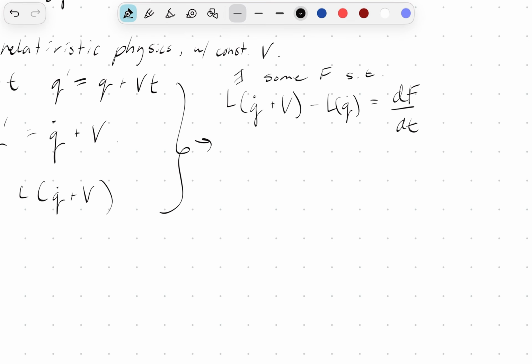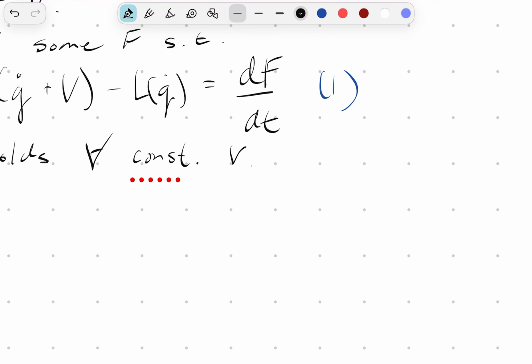Now we are going to require this first equation to hold for all constant v. So it holds, and let's get used to using logical notation, for all constant v. Just so we have nice shorthand.